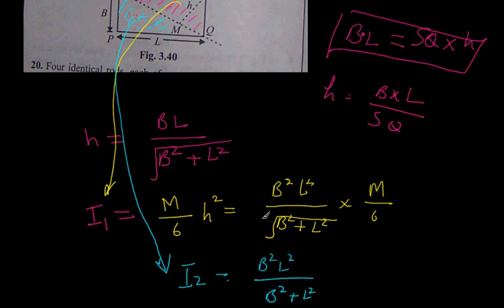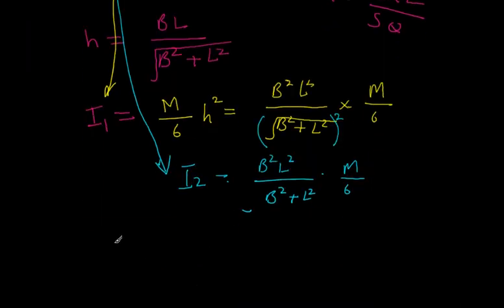There won't be any root here because we square it. You add these two up, and you got your answer. I will be equal to M by 3, B square into L square divided by B square plus L square. Okay, see you in the next lecture. Thank you.